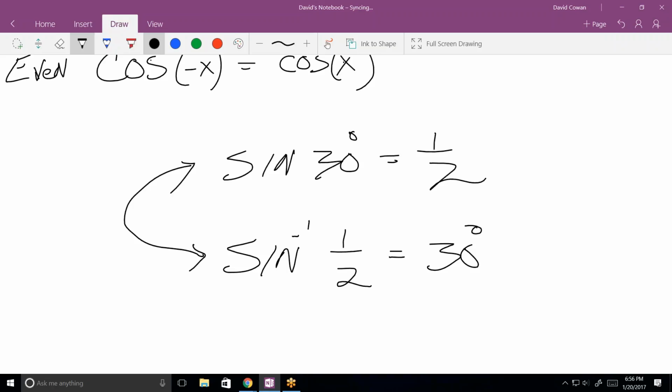If one's true, the other is true. Okay? And here's the thing to remember. We take trig functions of angles to come up with ratios. We take inverse trig functions of ratios to come up with angles. Oh, right, we did that in physics.